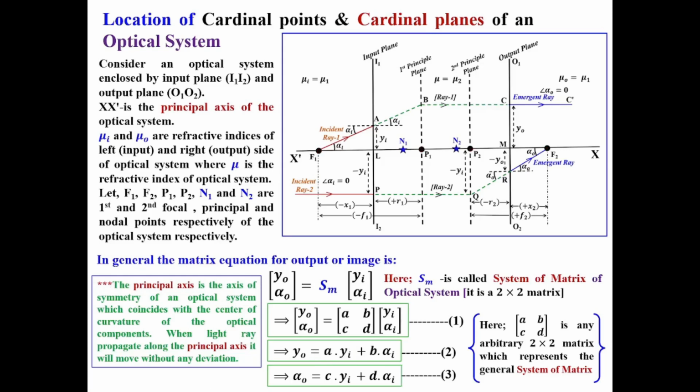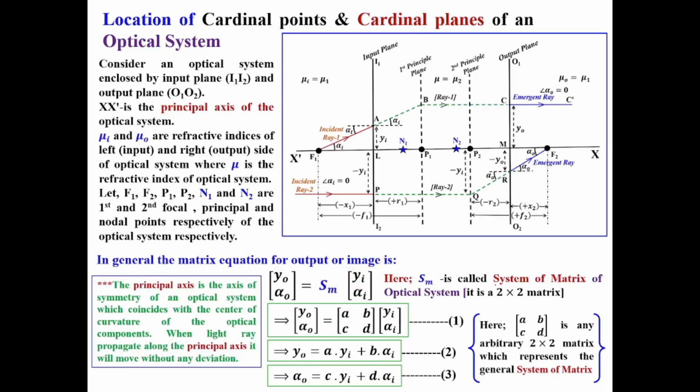Here in general, the matrix equation for output or image, whatever we discussed in our previous slide: the output information, that is y o and alpha o, is equal to SM, the system matrix, operated over the initial information, that is the image information in the input side, y i and alpha i.